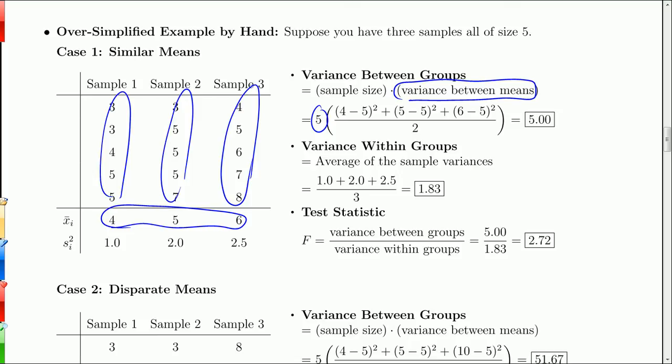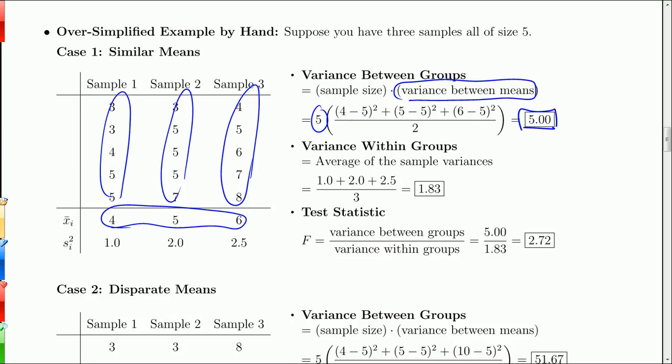So the variance is x bar minus the mean squared, plus the next x bar minus the mean squared, plus the next x bar minus the mean squared, all over n minus 1. So that is just a sample variance multiplied by the sample size. So we get the variance between groups is 5.